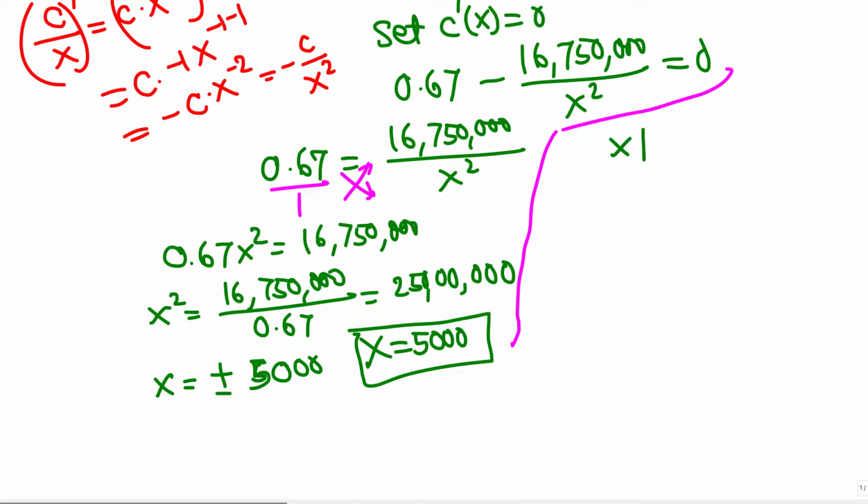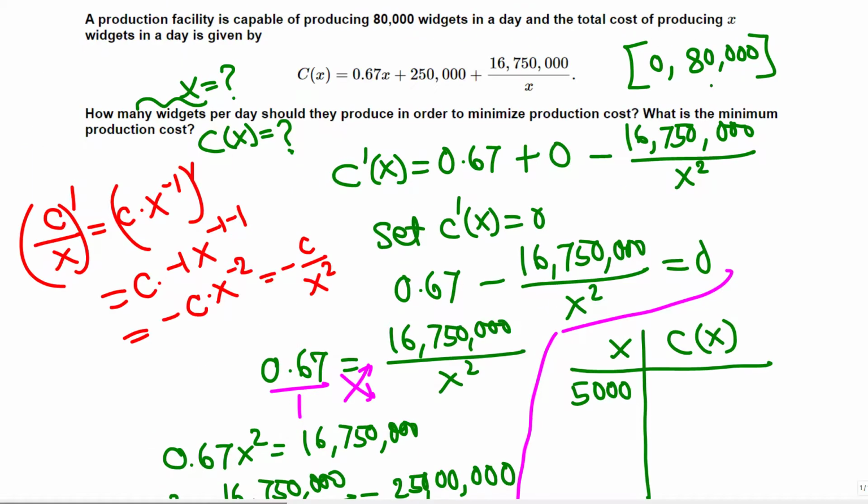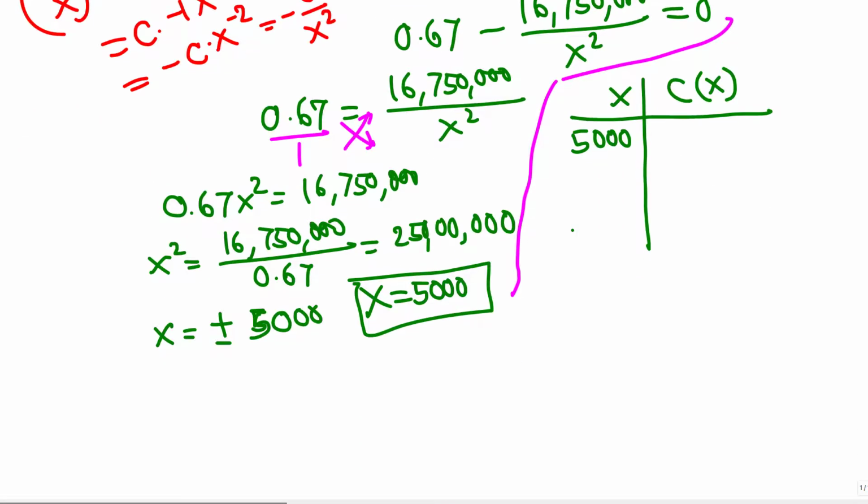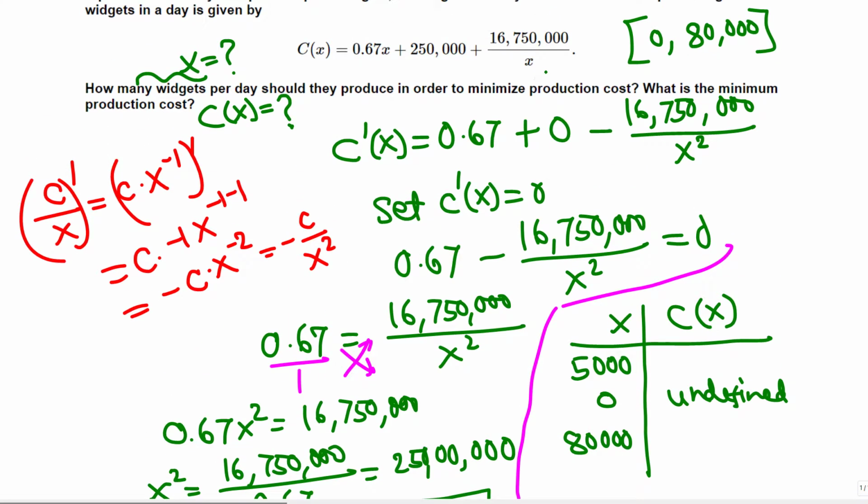So x and the cost function. So x is 5,000, that's the critical number we found, and the endpoints 0 and 80,000. In fact, for 0, this is undefined, because in the cost function, something divided by x is undefined. Now 5,000, plug in x equals 5,000.